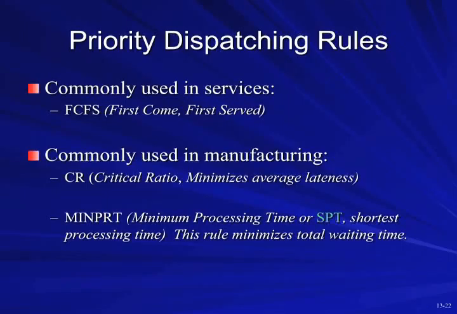Dispatching rules get applied in a lot of different situations. They apply both in service applications as well as manufacturing. Different types of measuring sticks get used in those situations. So in this chapter, we're going to look at a few of those, and you should try to understand that.